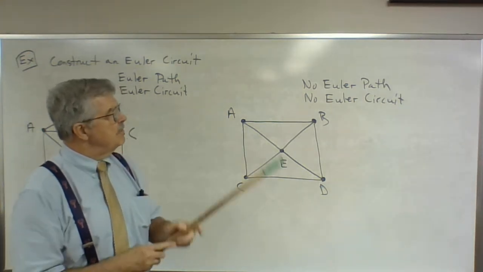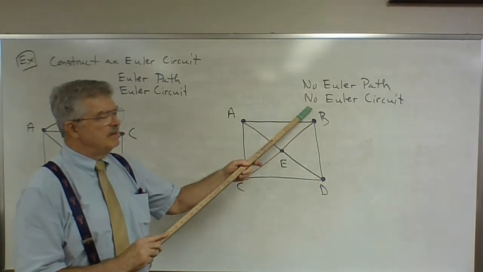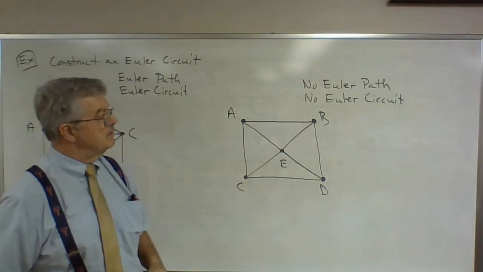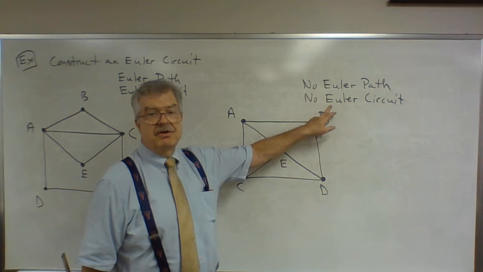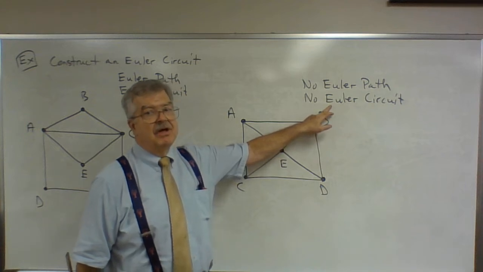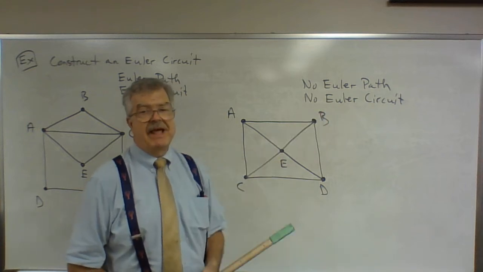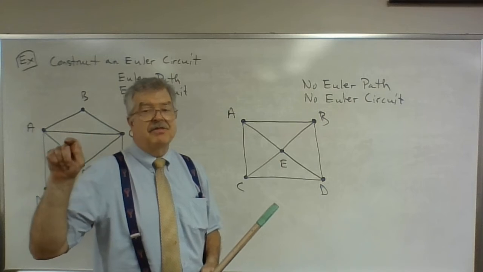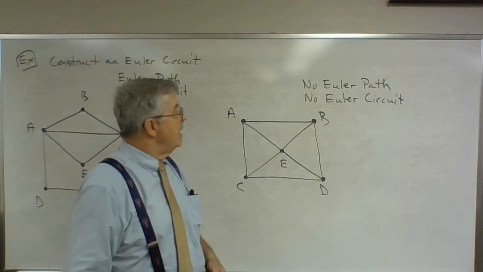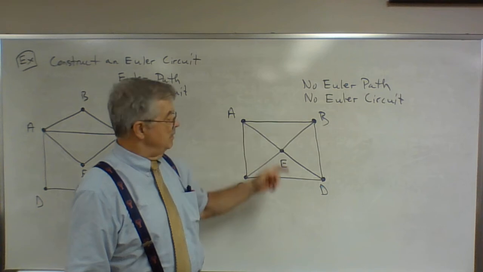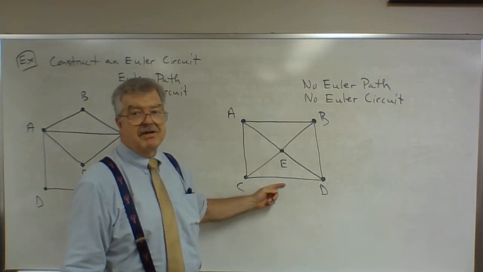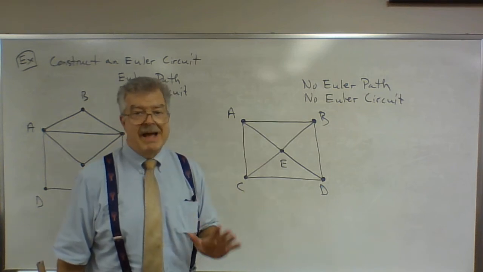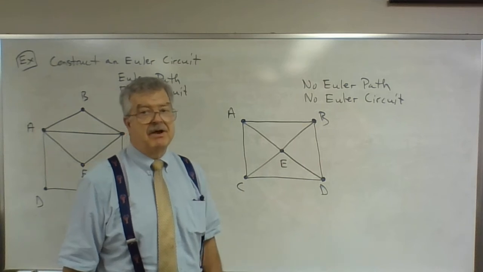And if I can't create an Euler path, I definitely can't create an Euler circuit, because an Euler circuit is an Euler path that just happens to start and end at the same vertex. I couldn't even create an Euler path for this graph. And it turns out there was a mathematical reason why I couldn't.